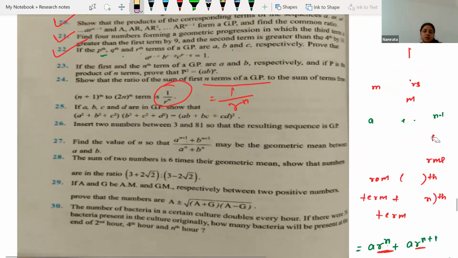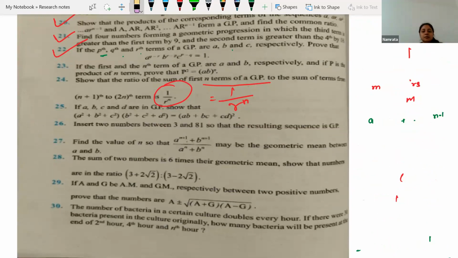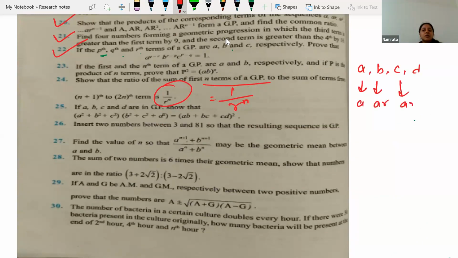If A, B, C, D are in GP, then we can keep A as A, but since it's in GP, the next term will be AR, the next term will be AR square, the next term will be AR cube, right, Lina? First term is A, second term is AR, third term is AR square, and the fourth term is AR cube. Can we take it like this?